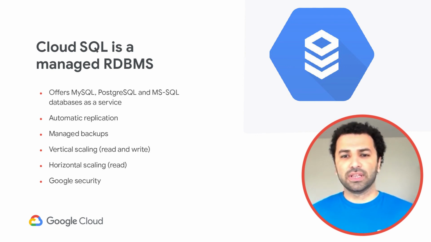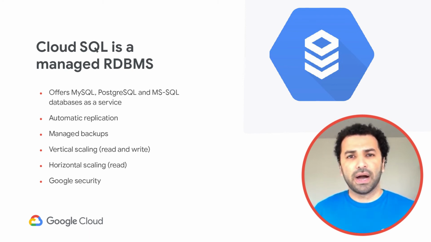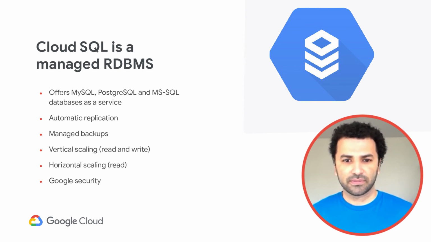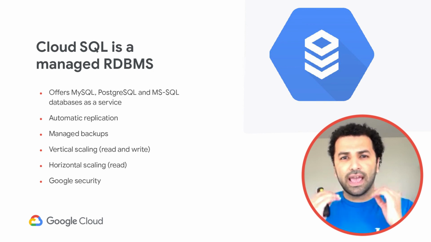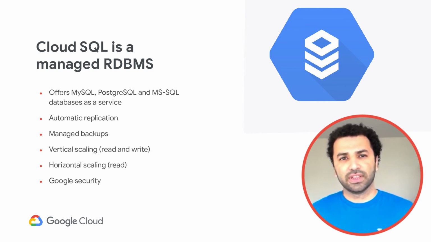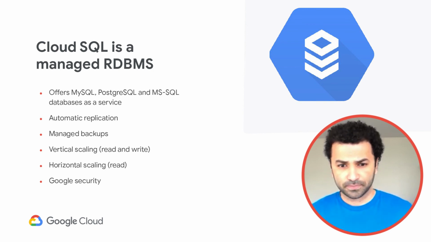Every Cloud SQL instance includes a network firewall, allowing you to control network access to your database instances by granting access. Cloud SQL is easy to use if you don't really need any specific administrative level on top of the instance.